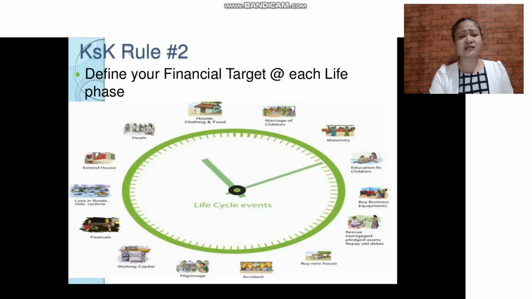So life cycle events: first, the house, clothing, and food, which are very essential; the marriage of your children; maternity; education for children; business equipment; rescue mortgage, if you want to buy a new house; or an accident, which accidentally comes our way; pilgrimage; working capital; festivals; loss because of floods, riots, or cyclone; extending the house; or even death. So those are the different life cycle events.